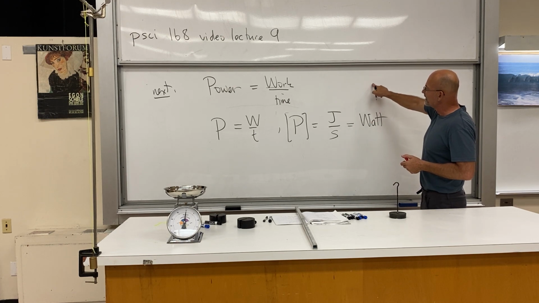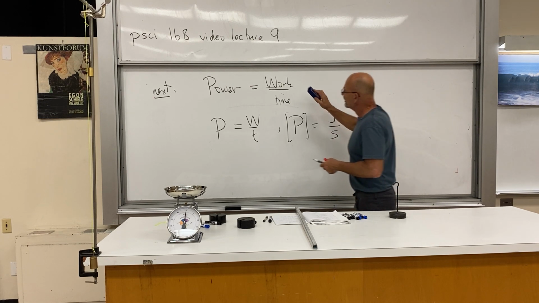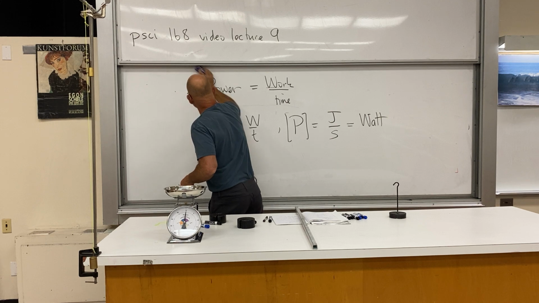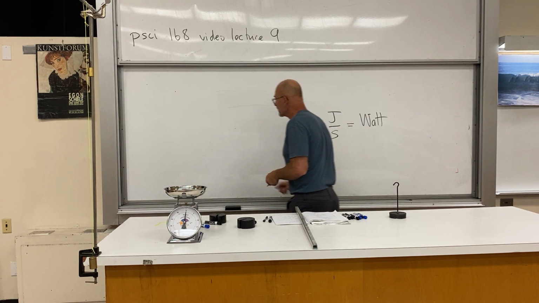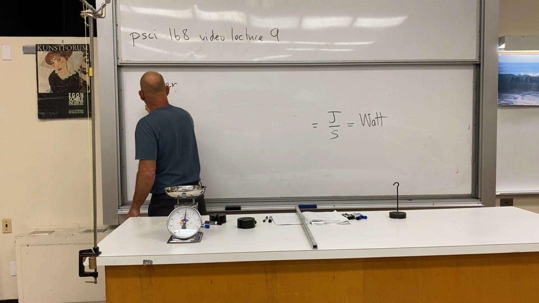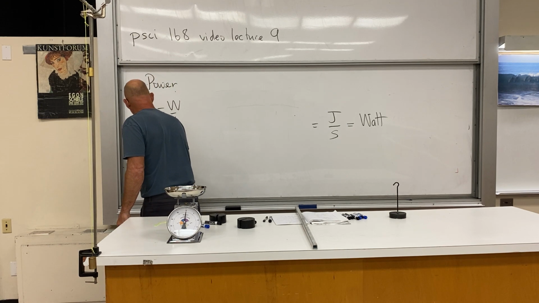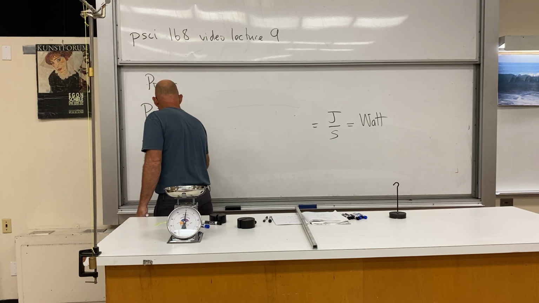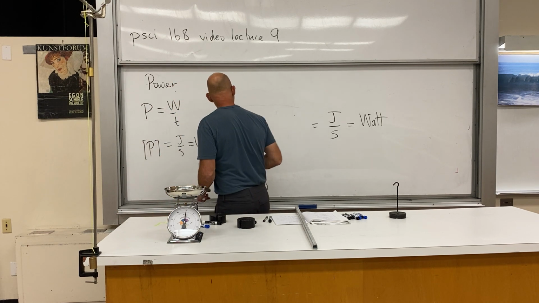Okay, so here's our definition: work per time. The units are the watt. I need a little more room at this board, so I'm going to put this over to the left here. So, power, work per time, the unit is the joule per second, is the watt.